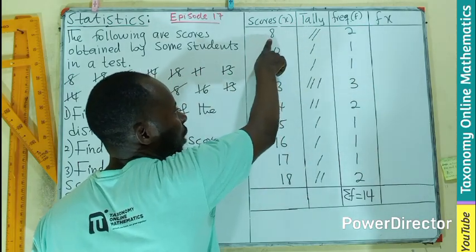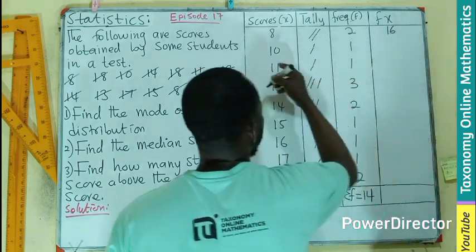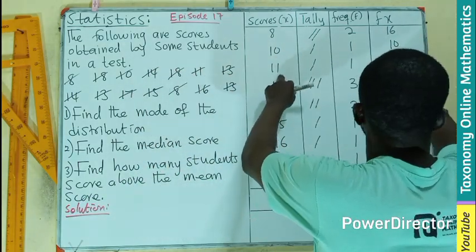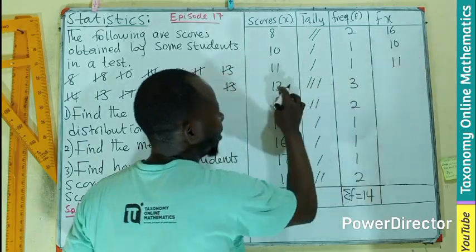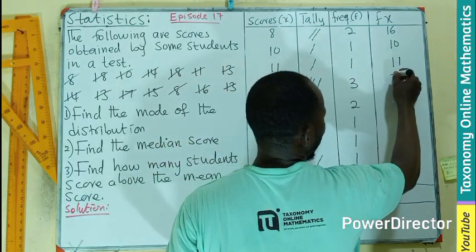So 8 times 2 will give you 16, 10 times 1, 10. Okay, 11 times 1 will be 11. 13 times 3 is 39.